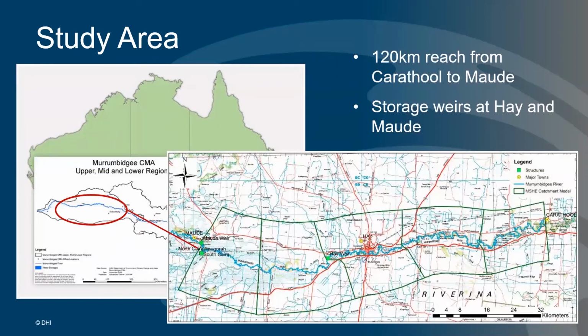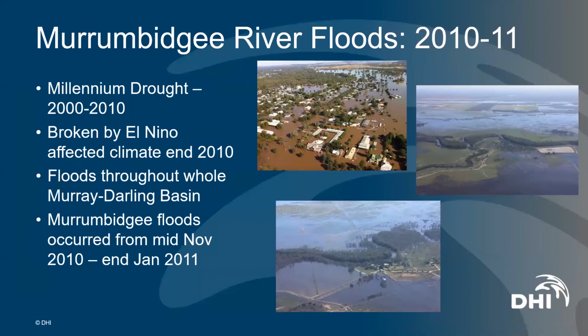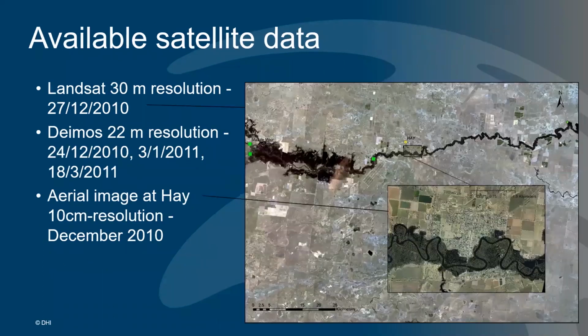But this is just really for information and to show that we have some very clear boundary conditions for this area. And what we're looking at is these floods at the end of 2010 and 2011, again after 10 years of not so much rainfall in Australia. We have a few pieces of information available to look at what is happening.